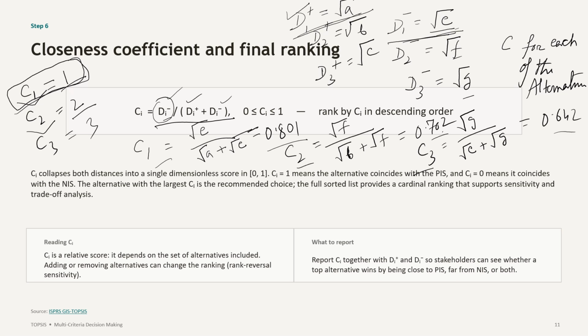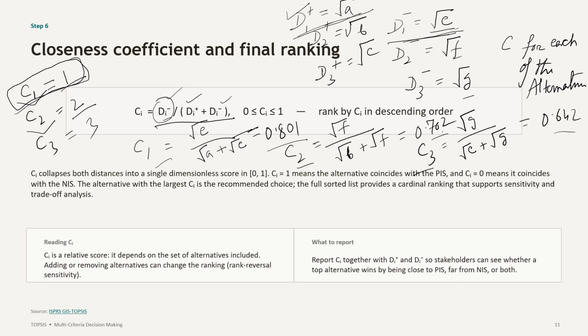Always remember that when deducting the PIS, the positive ideal solution, you deduct it from each of the values of alternatives for C1, and in case of C1, the positive ideal solution will be for C1 only, not C2. Sorry. In case of C2, the positive ideal solution will be for C2 only, not C1. That you must remember. Same for NIS: NIS for C1 only, NIS for C2 only.